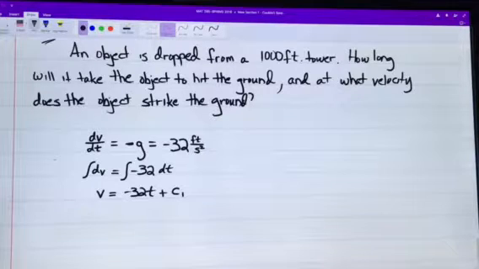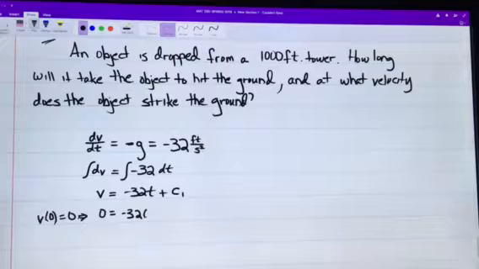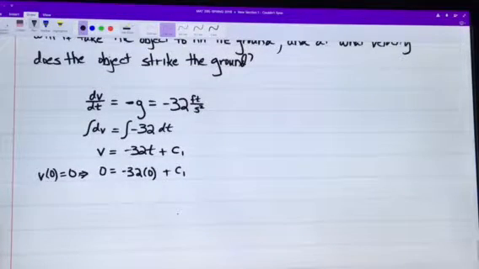It's not thrown up, it's not thrown down, so the initial velocity is 0. At time 0, negative 32 times 0 is negligible, so the constant is negligible, and the velocity is equal to negative 32 times t.